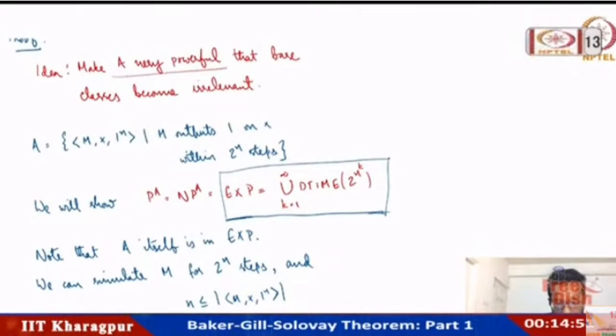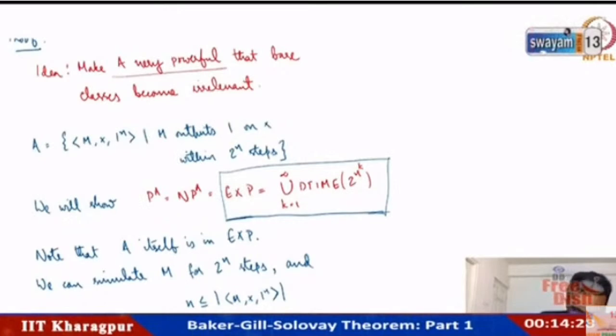where M outputs 1, or maybe you could say M accepts on x, given on x within 2^n steps, right? So where 2^n steps is the number of steps, and that is given by 1^n. 1^n meaning you are given n in unary, right?